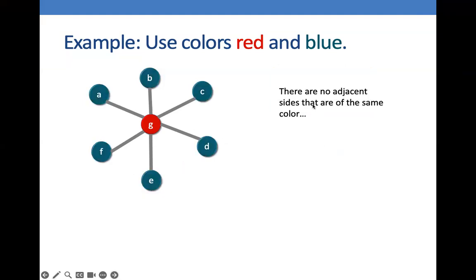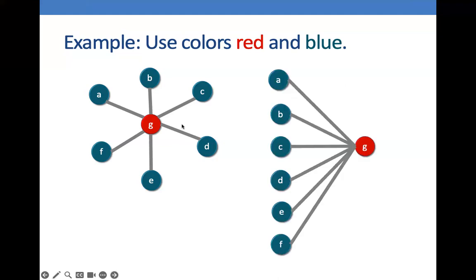And there are no adjacent vertices that are of the same color. So every other vertex that is connected to G is colored blue, and no vertices of color blue are also connected. So we can say that this graph is a bipartite graph.